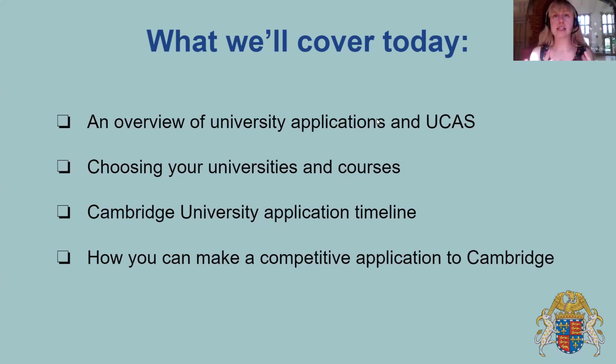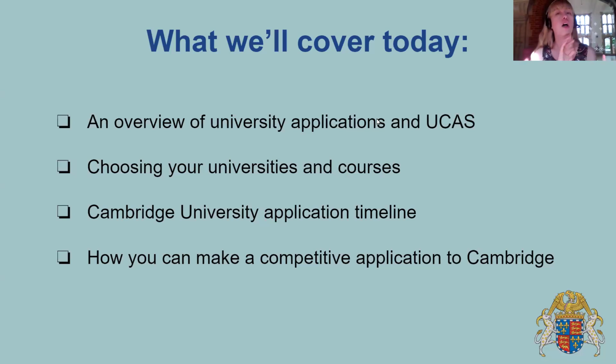A lot of what I'm saying is in the context of UK universities from UK schools, but I will link further resources in the follow-up email to this session so you can explore your particular circumstances if that's any different. As well as an overview, we will look specifically at choosing your university courses. Then we'll look at the application timeline, which is specific to Cambridge.